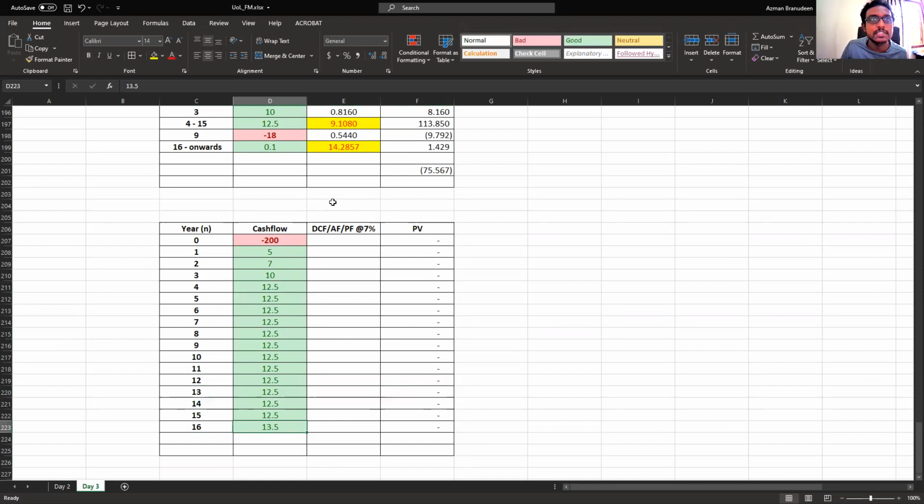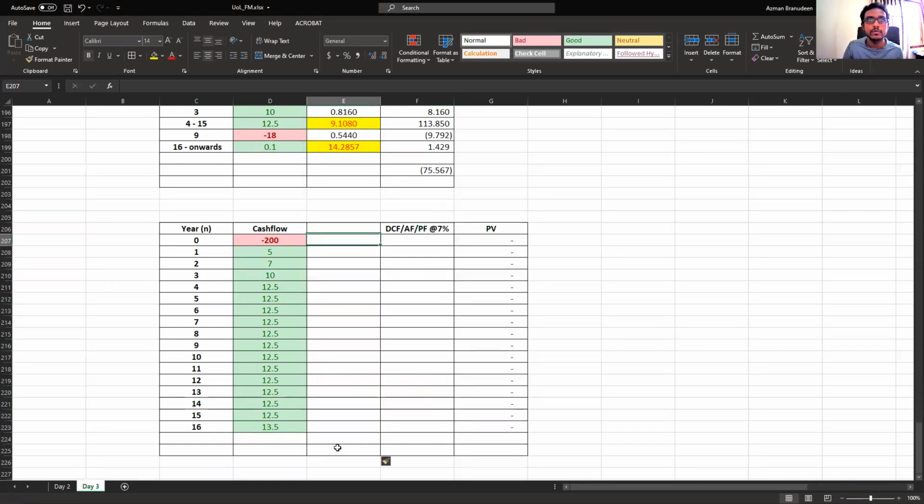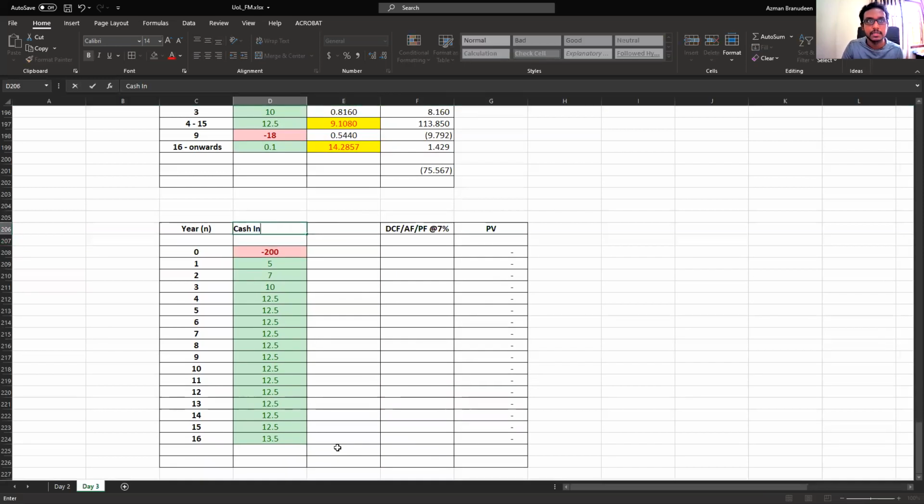So 4 to 16, I'm going to separate the cash inflows and outflows. Let's put outflows here, and cash inflows here. Okay, right.